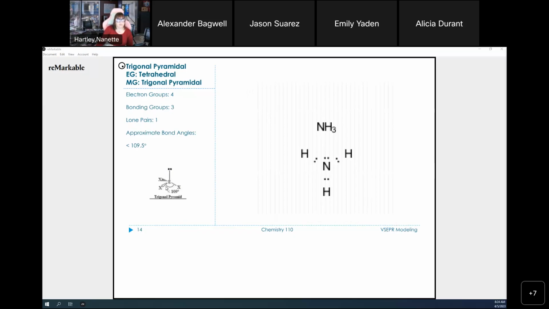Now, all of these bonds then slide in a little bit, slightly less than 109, and that's okay. You don't really need to know that. Approximately 109.5 is fine, but that's called trigonal pyramidal. So I went from the tetrahedral electron geometry to my molecular geometry of trigonal pyramidal because of the presence of 1 lone pair. Okay.